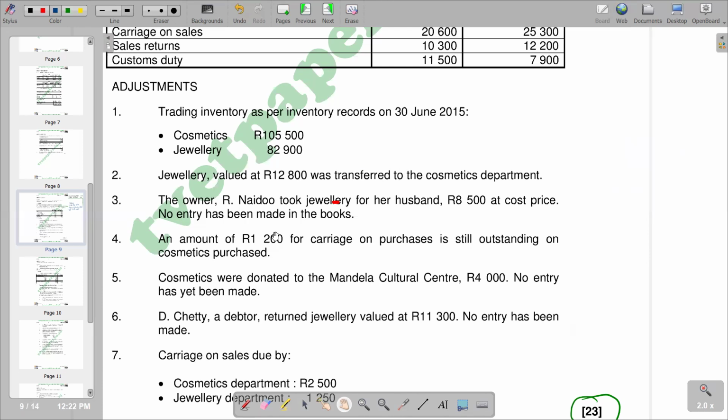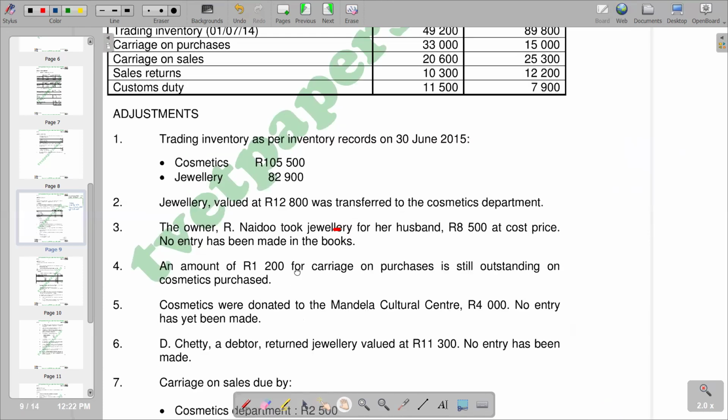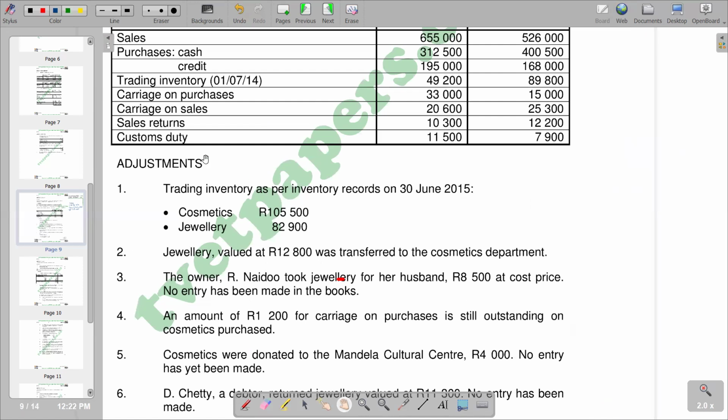So in other words, we are saying the carriage that we have on purchases of cosmetics is 33,000, and then we add the 1,200, which is still owing. Remember, when something is still outstanding, we need to add it as it belongs to the period. So we add there, we are going to get 34,200.